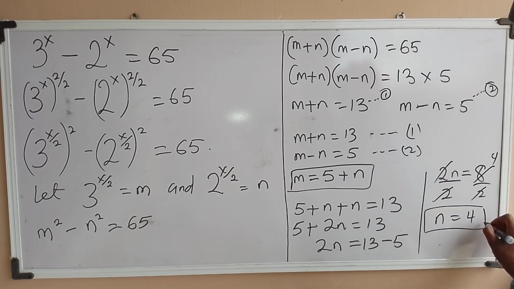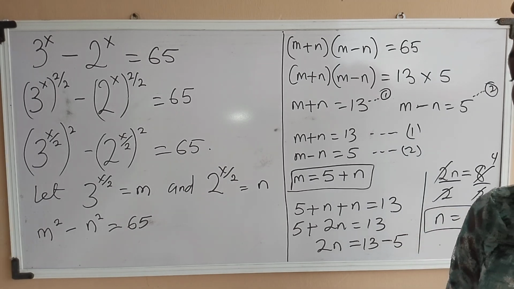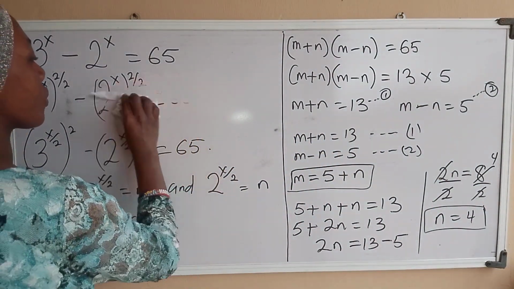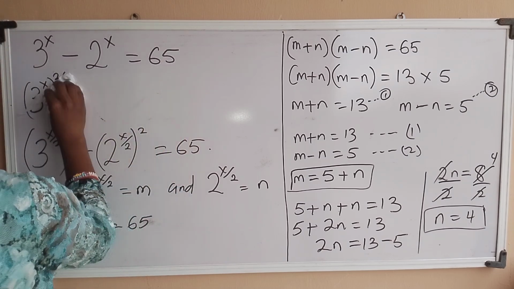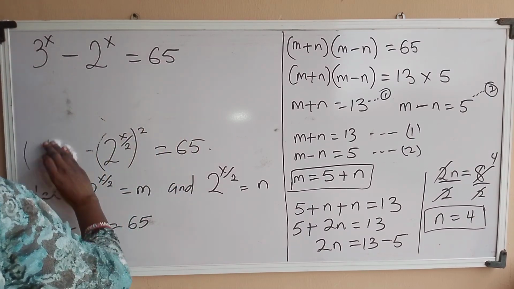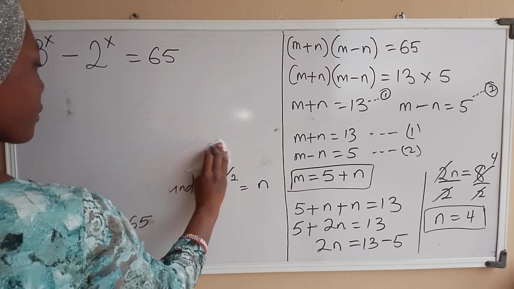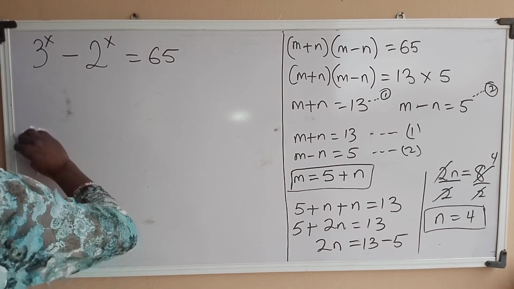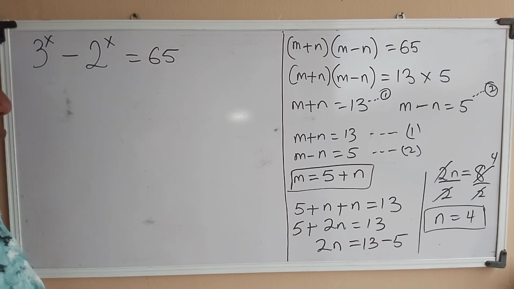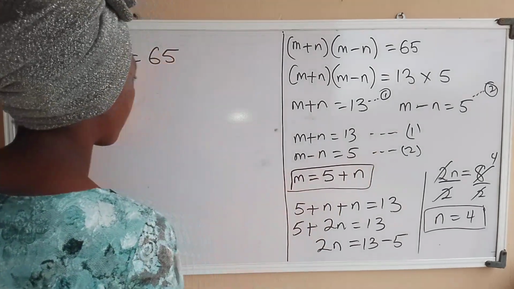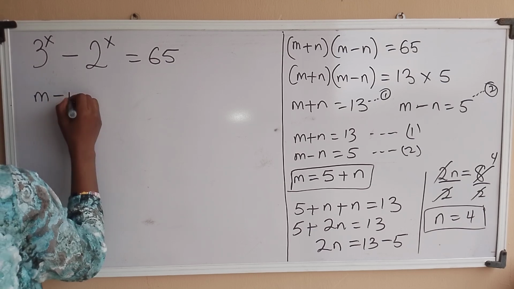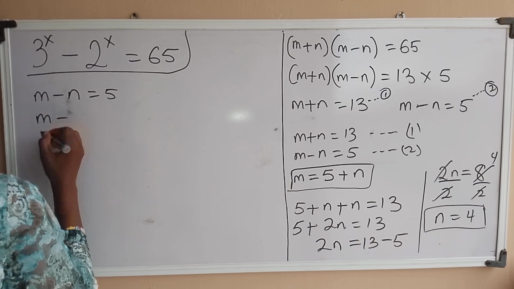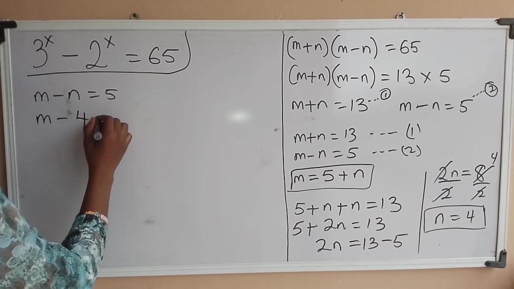Now we're going to go and look for letter m. What is the value for letter m? So I'll be wiping this other side so we can look for it. Okay, so let me use the second equation, m minus n equals 5. We don't know what the value of m is, but we know n to be 4.